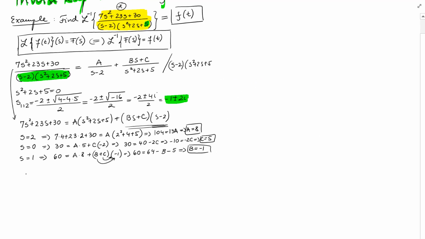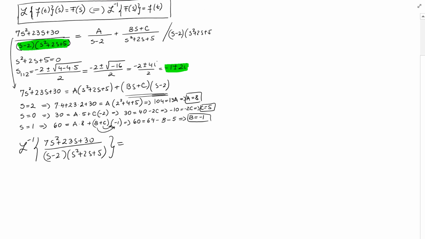Well, we can rewrite the inverse Laplace transform of 7s squared plus 23s plus 30 over s minus 2 times s squared plus 2s plus 5. We know that the inverse Laplace transform is a linear operator.